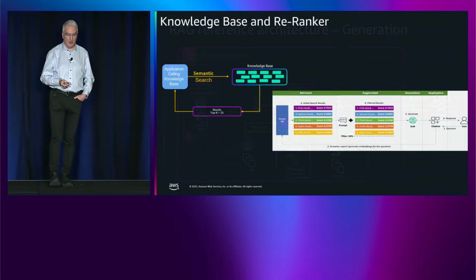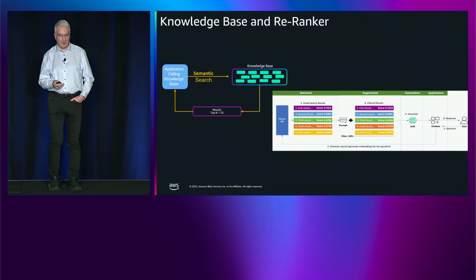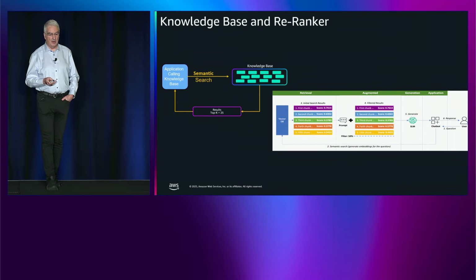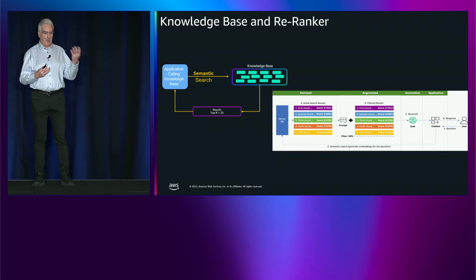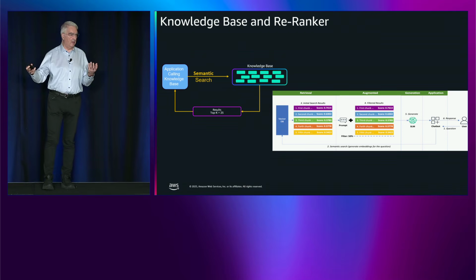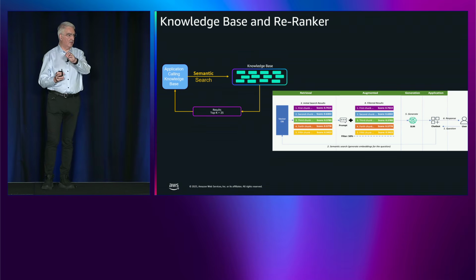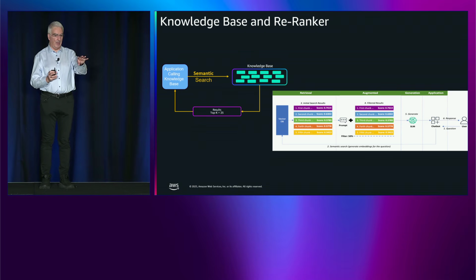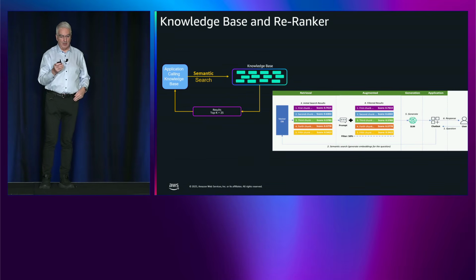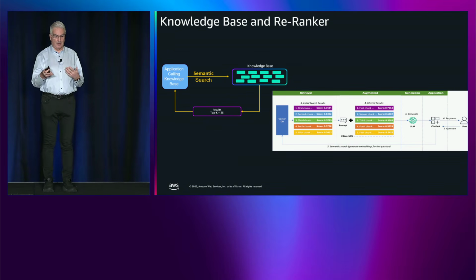So just to talk about the re-ranker a bit, because it's one of the new things we've done. Normally in a semantic search, the application calls the semantic search, and the knowledge base goes through and selects the vectors as close as possible to the incoming prompt. And then that's returned to the application. As you can see here, I'm using 5 chunks in this example.